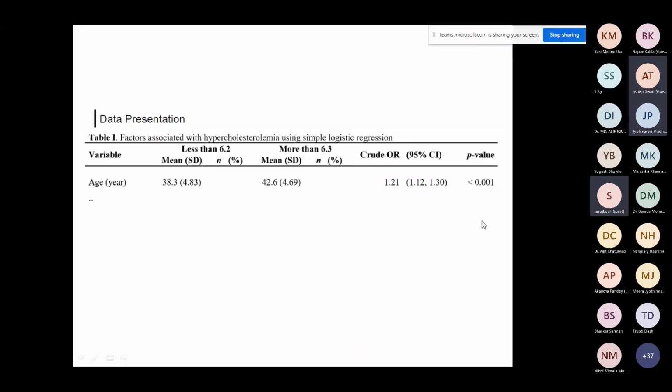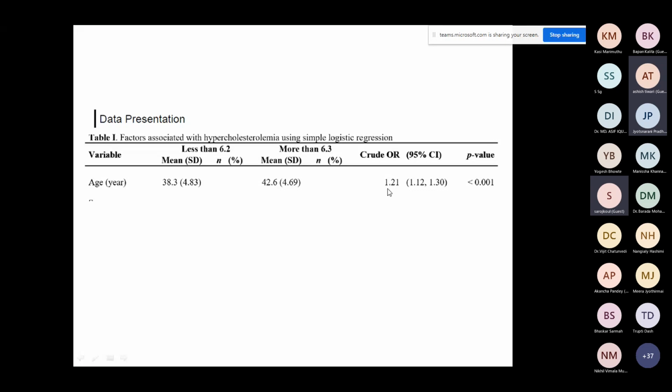Agree? So how do you summarize it in the result section? How do you summarize these results in your table? First of all, we need to calculate the average age of those with less than 6.2 and then the average age of the candidates with more than 6.3 cholesterol.